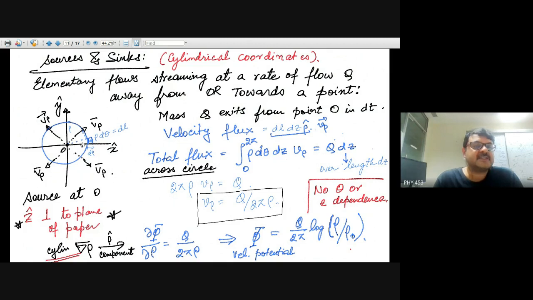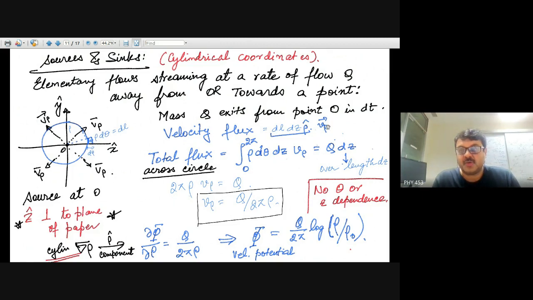No theta dependence and no z dependence, because at every point in z you are introducing a certain quantity of the fluid. So the velocity flux, if you like, and for that you need an area, so dl dz, where dl is rho d theta. In the z direction, that's the surface area pointing out radially, right?